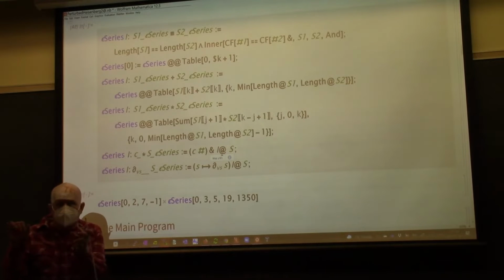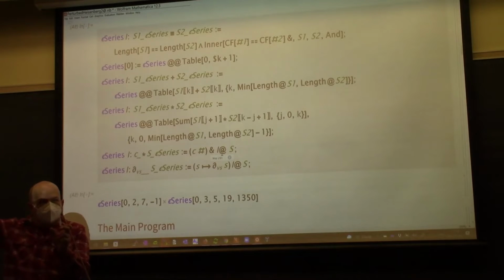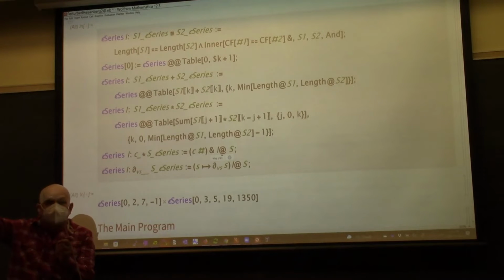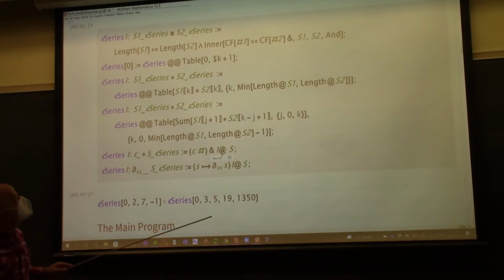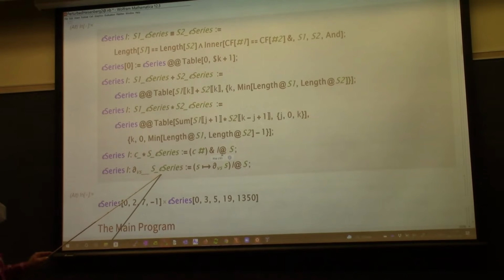Because if you add two epsilon series of unequal lengths, basically it's as if you don't know what the higher powers are in one of the series, so you go as far as you know. Likewise, there is a program for multiplying epsilon series, a program for multiplying an epsilon series by a constant, and a program for differentiating an epsilon series.